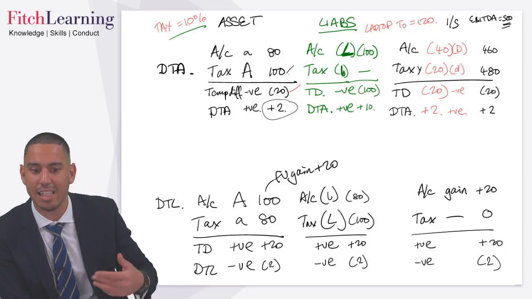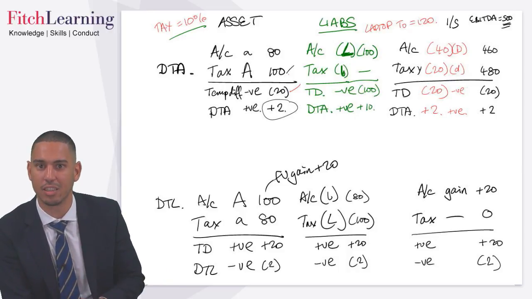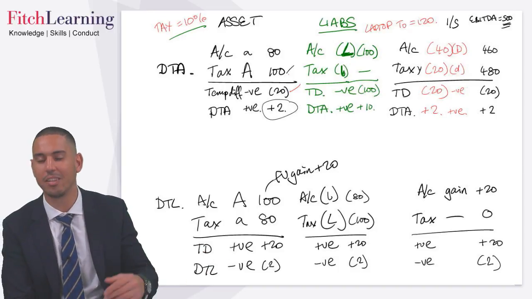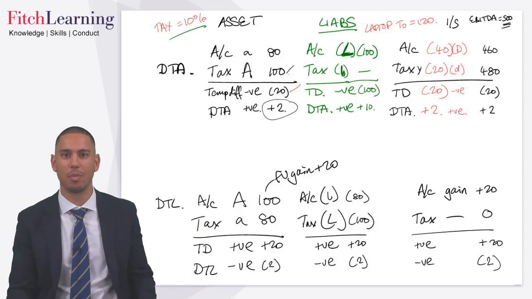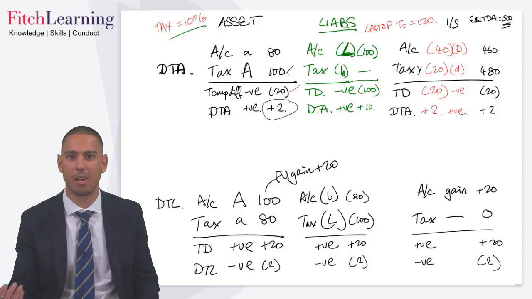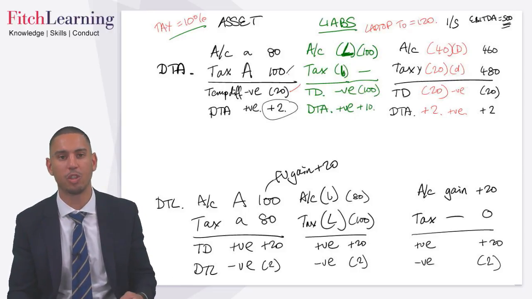Essentially that gain is attracting some sort of $2 tax charge. But I'm not going to recognise the gain today. I defer it to the future. And that right there are all the pro formas that you can be asked. And they can ask conceptual questions, they can ask calculation questions. But that pro forma will always hold true.